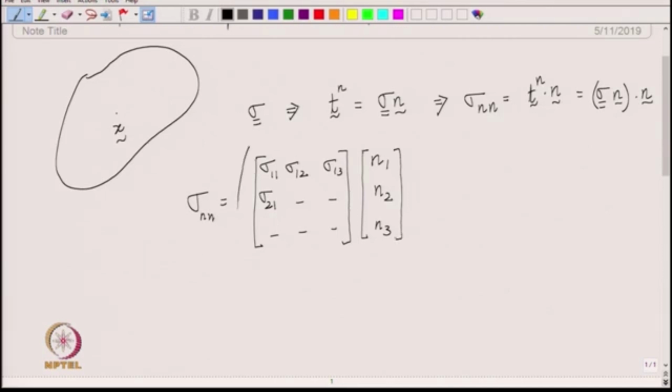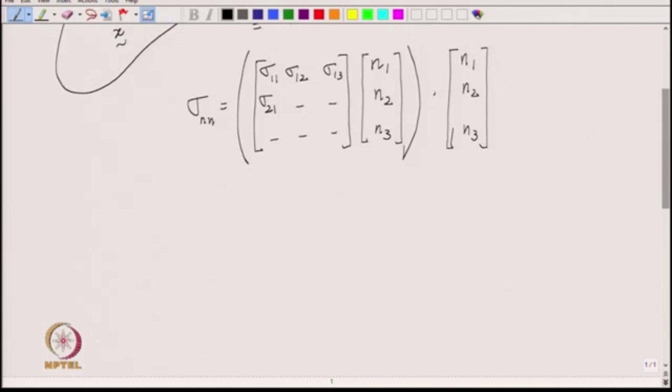So, when you multiply these two, you get a vector, and then you dot it with the normal n 1, n 2, n 3.